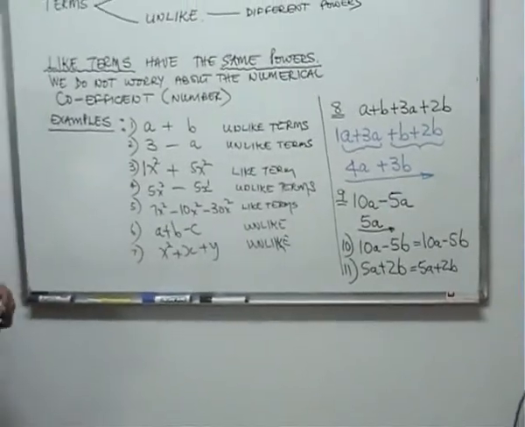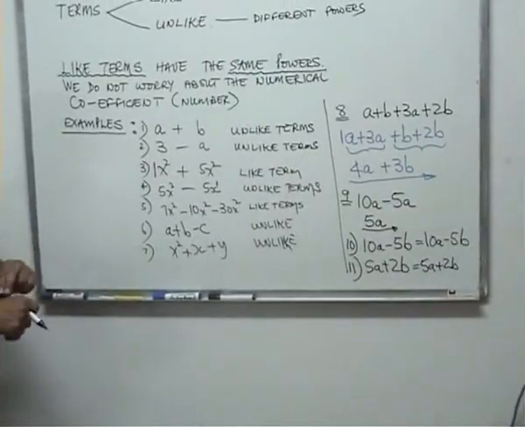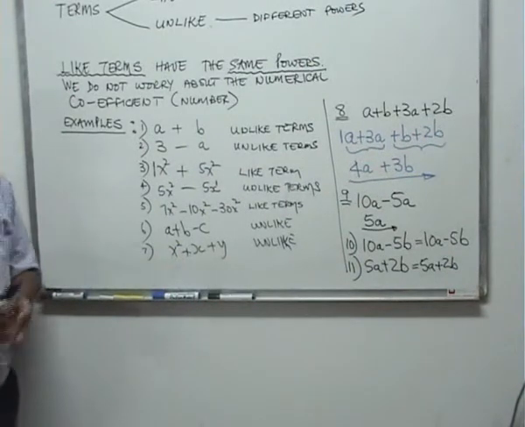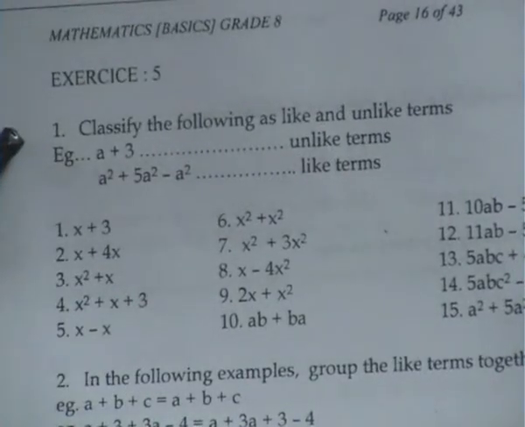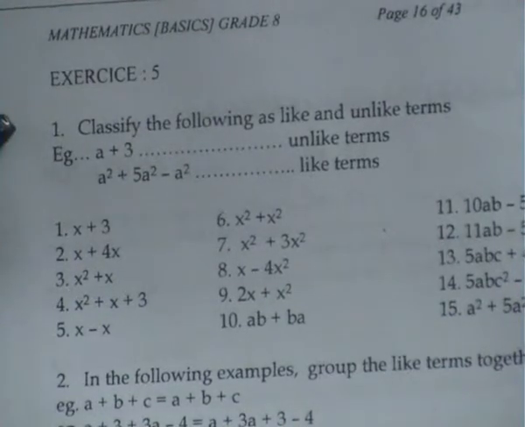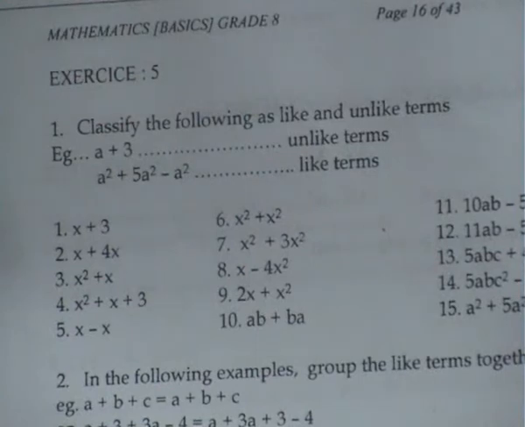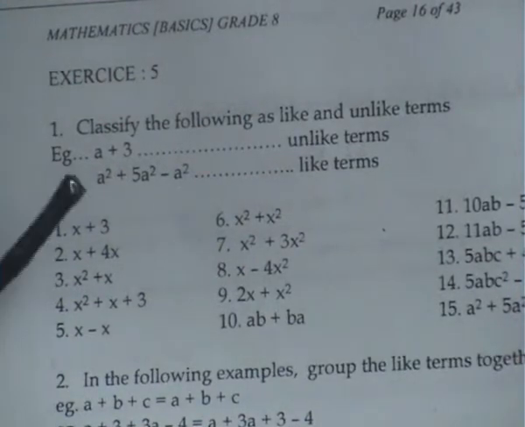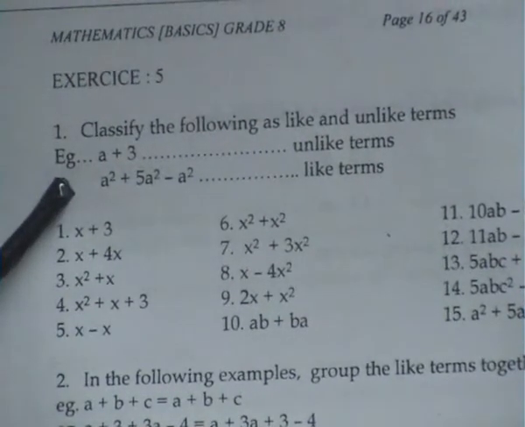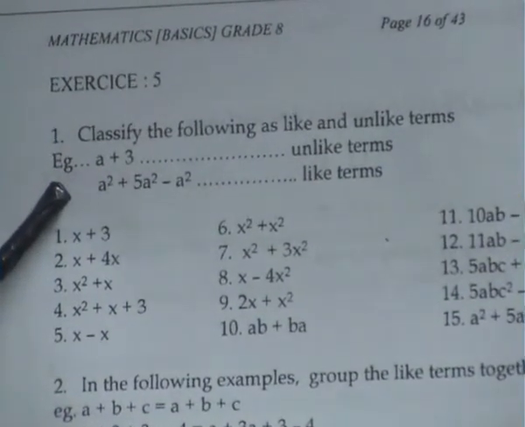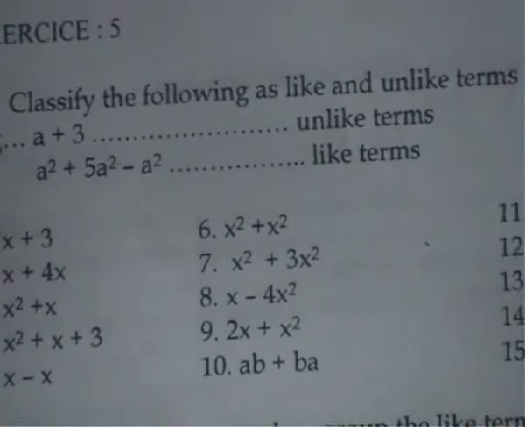Alright, now what we're going to do is we're going to give you a little exercise where you will have to differentiate like terms and unlike terms. Here's a little exercise for you to do. Classify the following as like and unlike terms. For example, if you are given a plus 3, then your answer will be unlike terms because the powers are different.